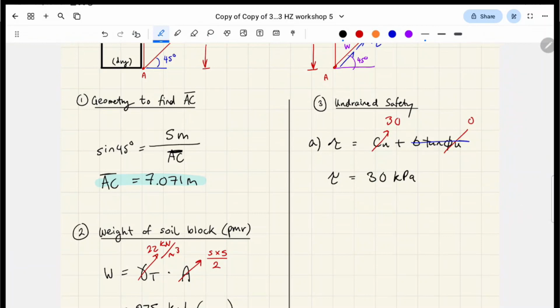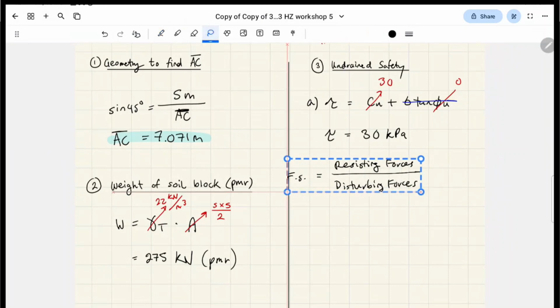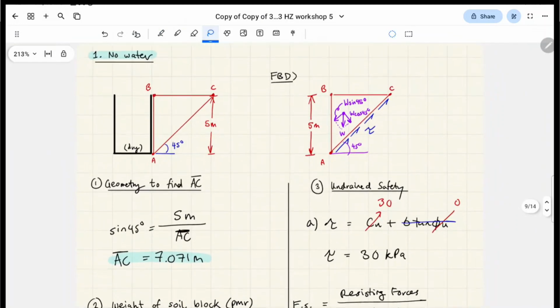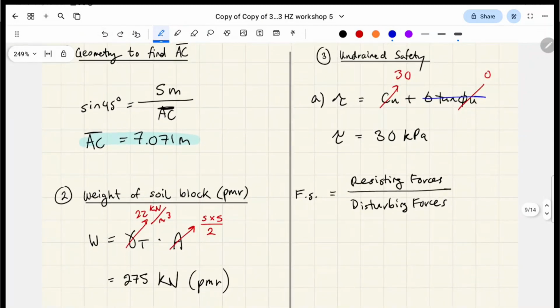Now we can look at the factor of safety, which again is resisting forces over disturbing forces. So what does that mean in terms of this question? Let's look at our free body diagram. We know that our soil wants to slide down the slope, and what is resisting it is going to be the soil strength going up the slope. So that's essentially what we're going to do.